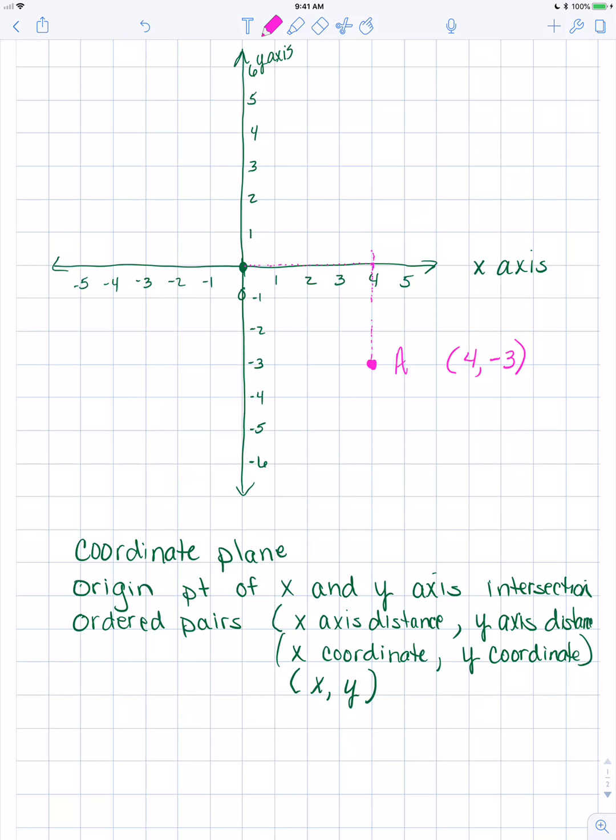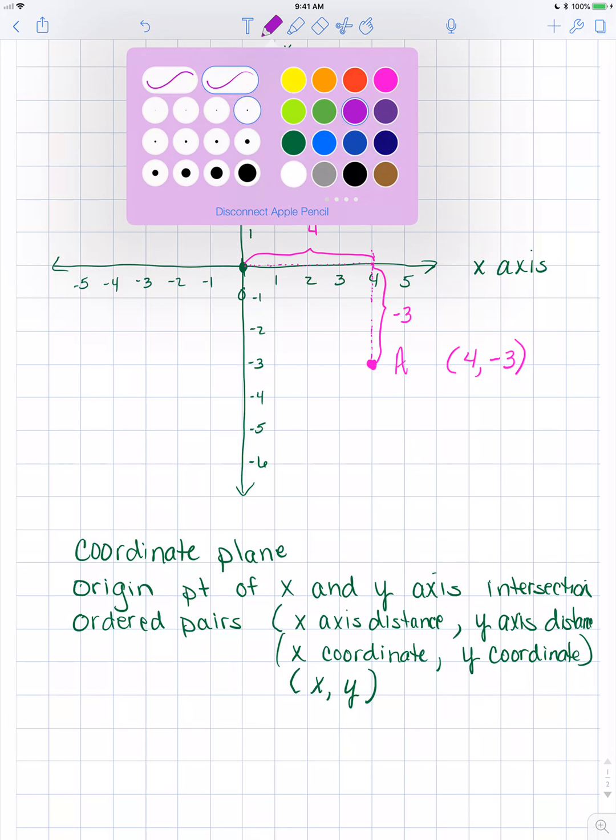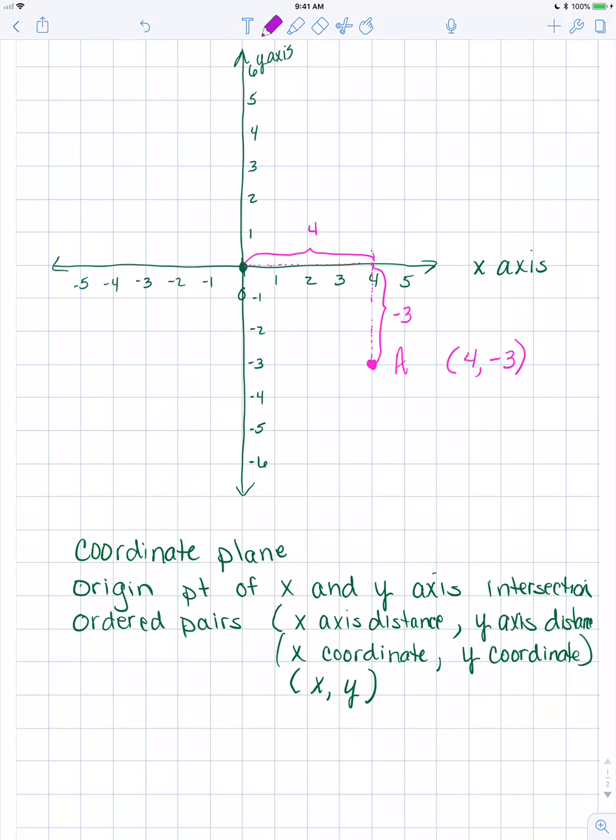4 units on the x-axis. So here's our 4 units here. And then we went 3 units down, so negative 3. Okay, so we could label some more points on here and try to come up with what they would be called.